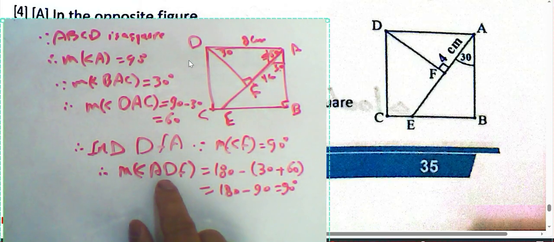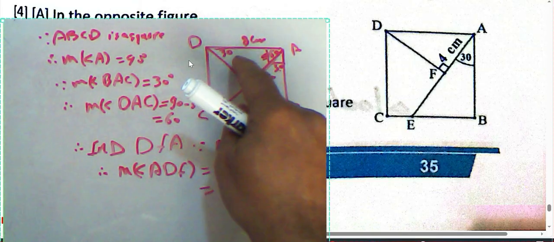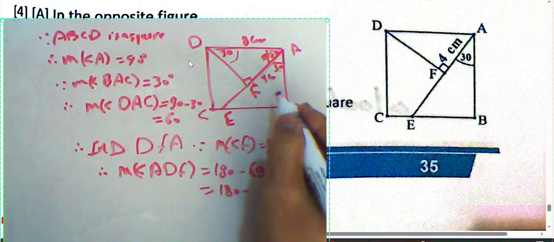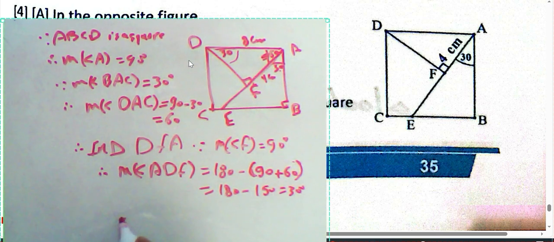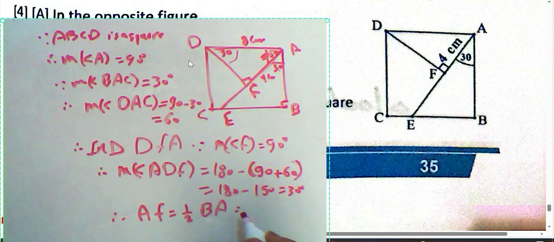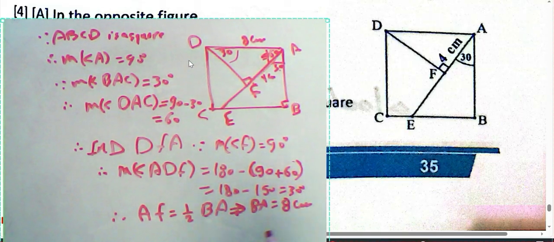We can find the measure of angle ADF. This angle I will find is 30. Okay, right, 180 subtract 90 plus 60 equals 30 degrees. Angle 30 degrees, and AF will be half of BA, and BA will be equal to twice 4, which equals 8 centimeters.